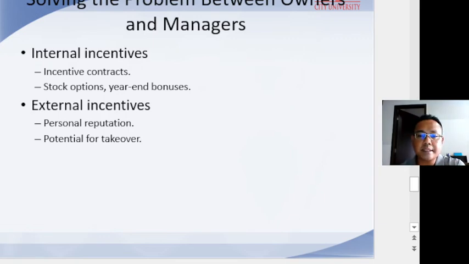By installing a better manager, the firm's profit will rise and the value of the firm's stock will increase. One cost to a manager of doing a poor job of running the firm is the increased likelihood of a takeover. To avoid paying this cost, managers will work harder than they otherwise would, even if they are paid only a fixed salary.